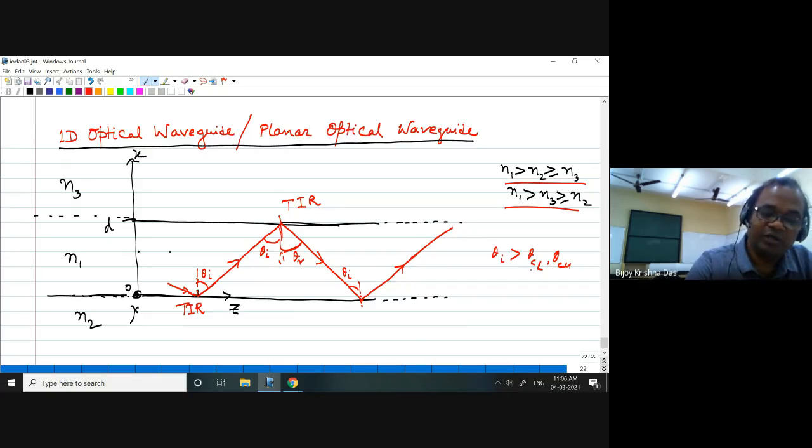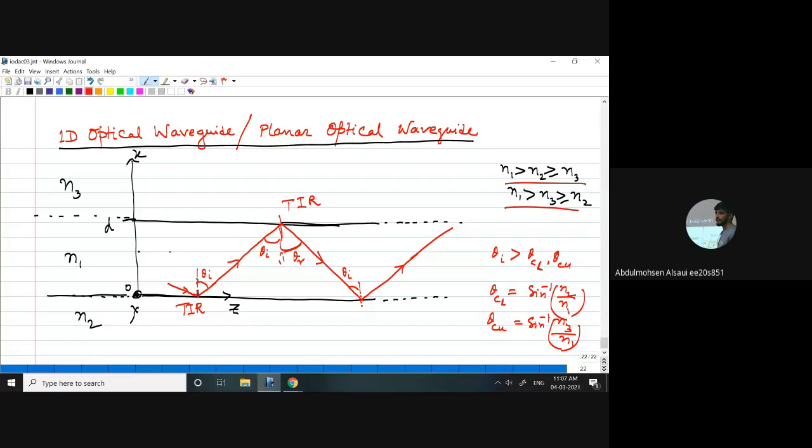If this is the case, then total internal reflection takes place, where theta CL equals sine inverse of N2 by N1, and theta CU equals sine inverse of N3 by N1. That is, N2 by N1 and N3 by N1. Is that okay?